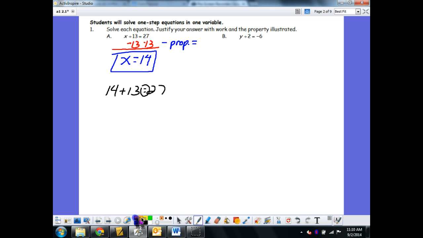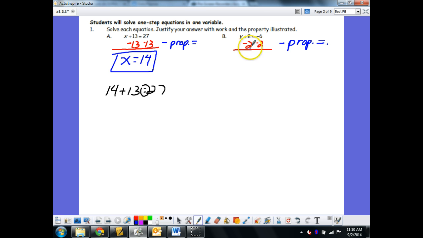Now for the next example, we're adding 2 to the variable. So to undo that, we subtract 2. And once again, since we're subtracting the same thing from both sides, that is the subtraction property of equality. And again, abbreviating, writing symbols, I have no problem with that for justifying your reasoning.